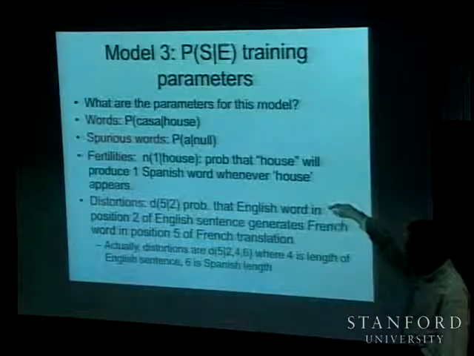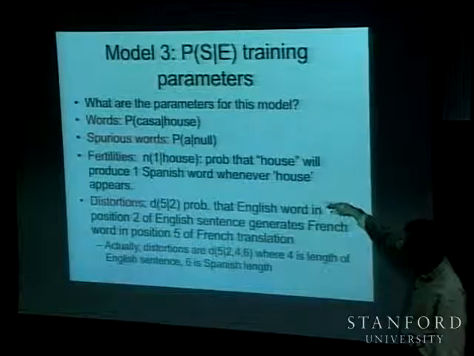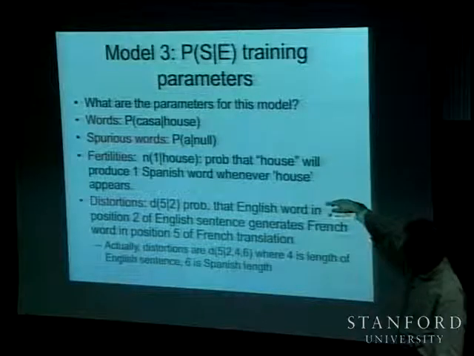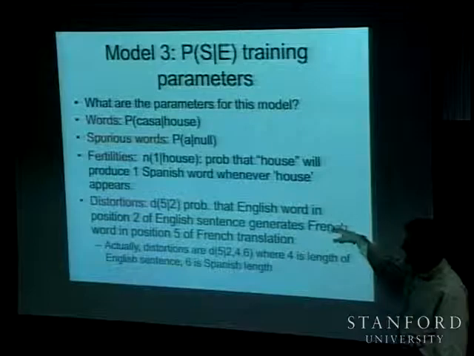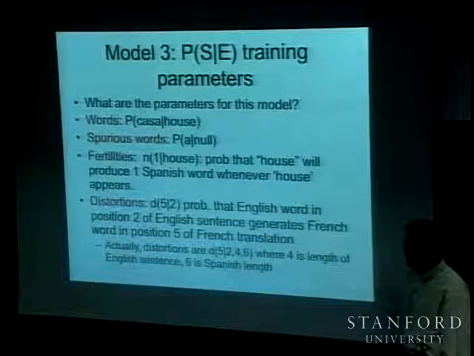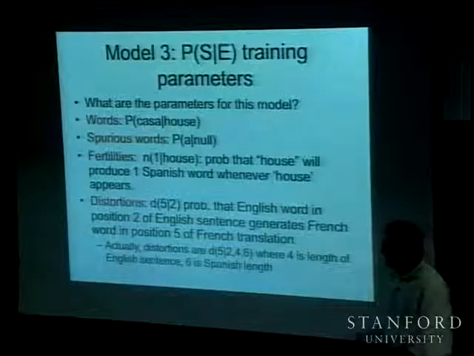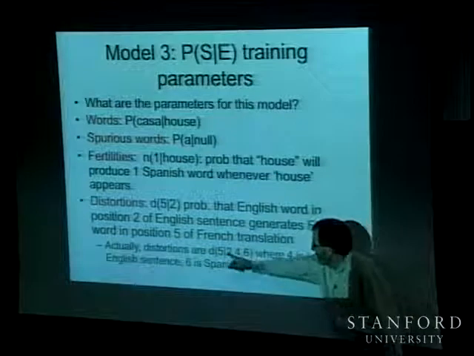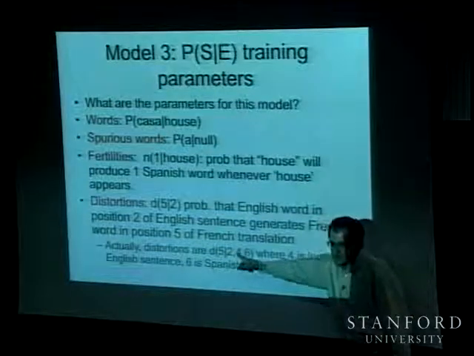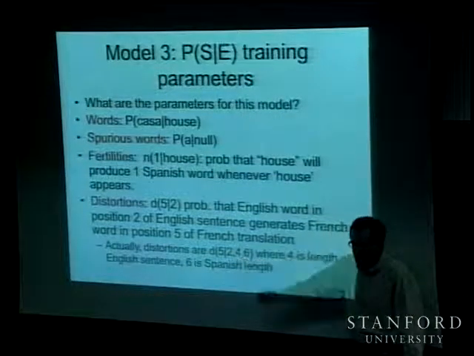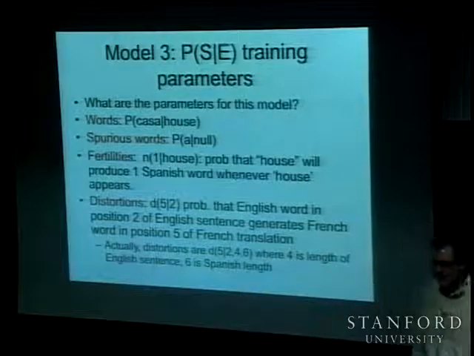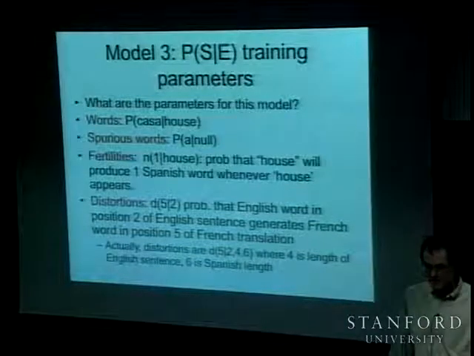So distortion 5,2 is the probability that the English word in position 2 of the English sentence generates the French word in position 5 of the French translation, where formally you want to have that conditioned on the lengths of the two sentences, where you've generated a length for the output sentence, so you get a well-formed probability distribution.